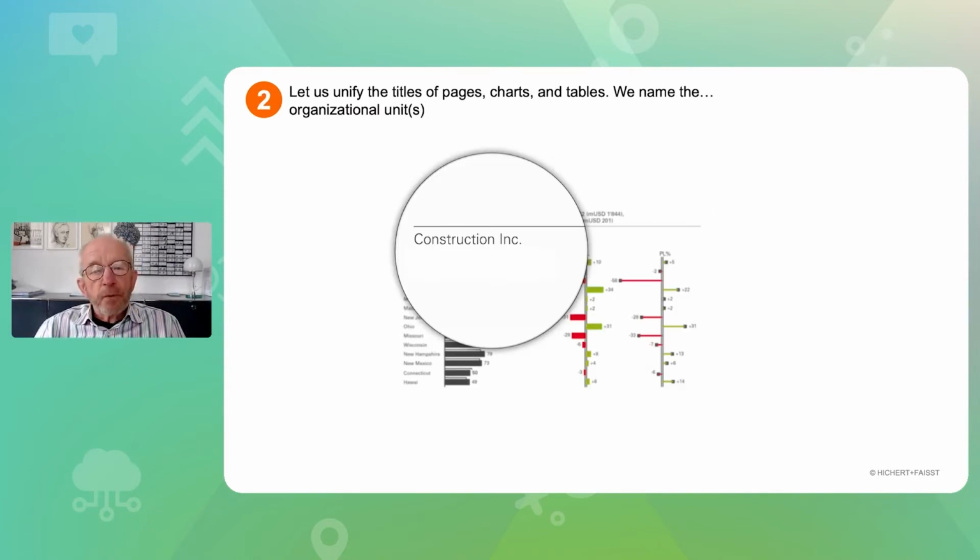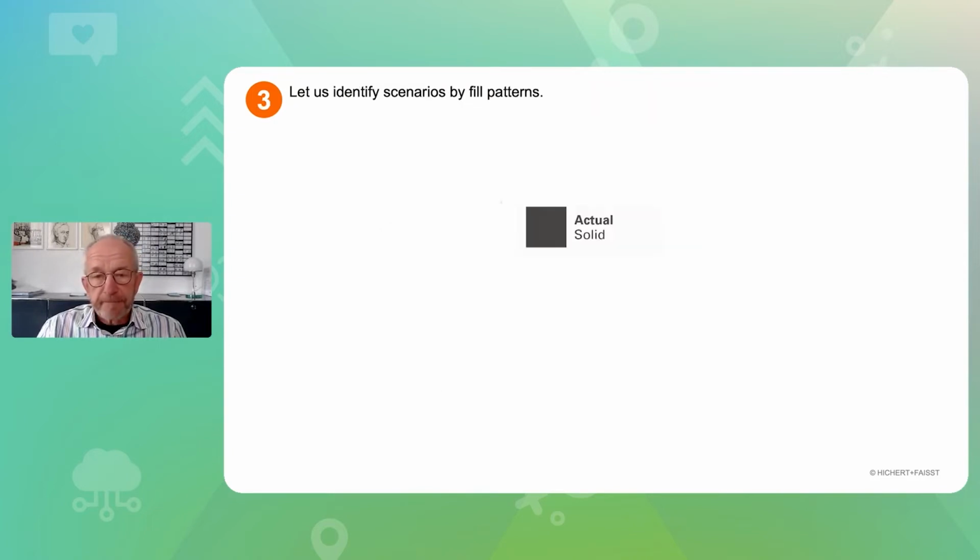The second rule, let us have a clear, consistent concept of titles. We start with the company, the project, then there's a business measure in bold letters and the unit, and here $1 million US. And this was done in 2017. Most of the time there are 3 lines in the top left corner of our dashboard.